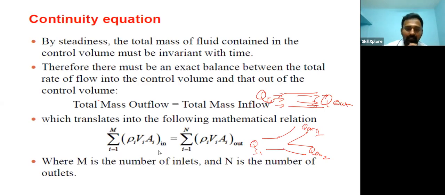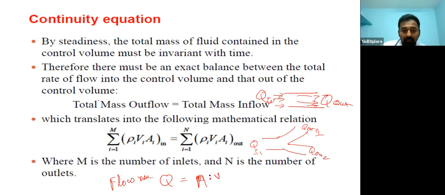So here we all know that to calculate flow, which is Q, to calculate flow rate, we need the mass of fluid and the velocity of fluid, or we need the area of flowing fluid and the velocity of the fluid.